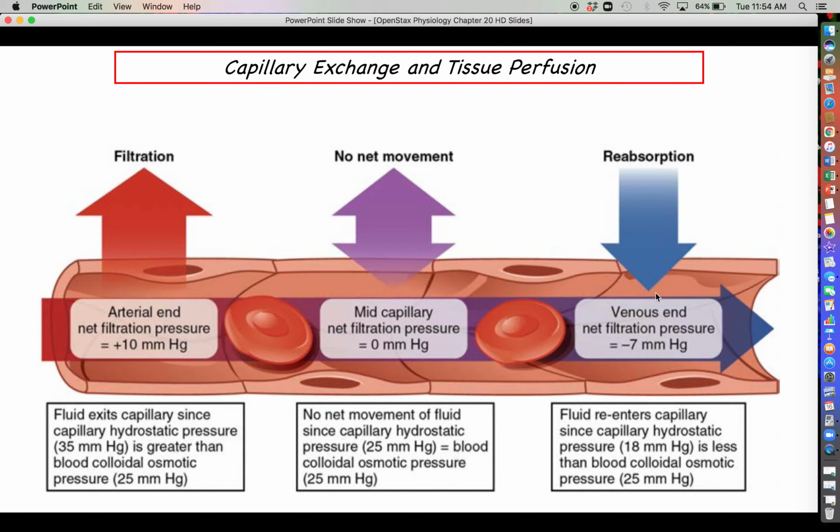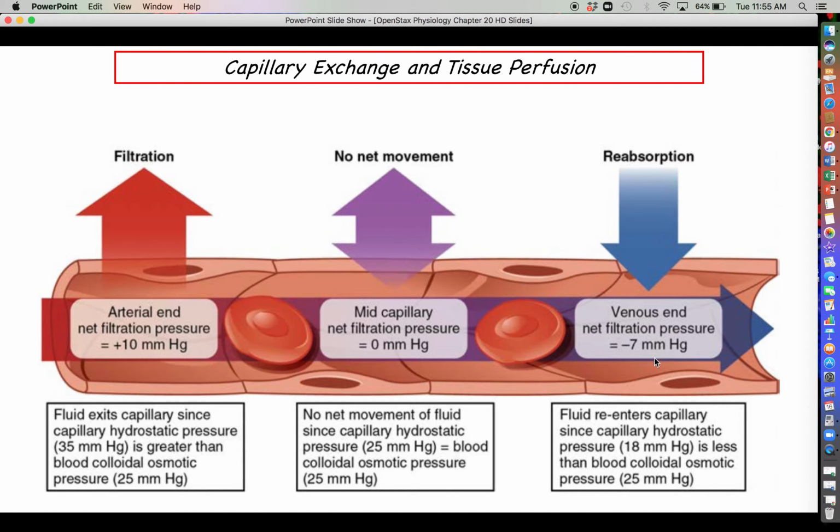So what this is going to produce is a situation in which at the high pressure end on the artery side of the capillary bed, the pressure inside the vessel is relatively high, and the net filtration pressure is going to draw materials out of the blood vessel and into the interstitial fluid. On the venule side of the capillary bed, where the pressure is lower, the net filtration pressure is the opposite.